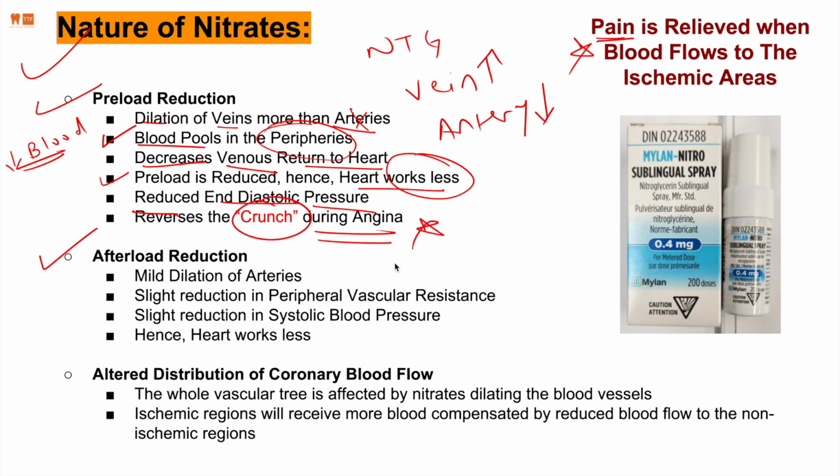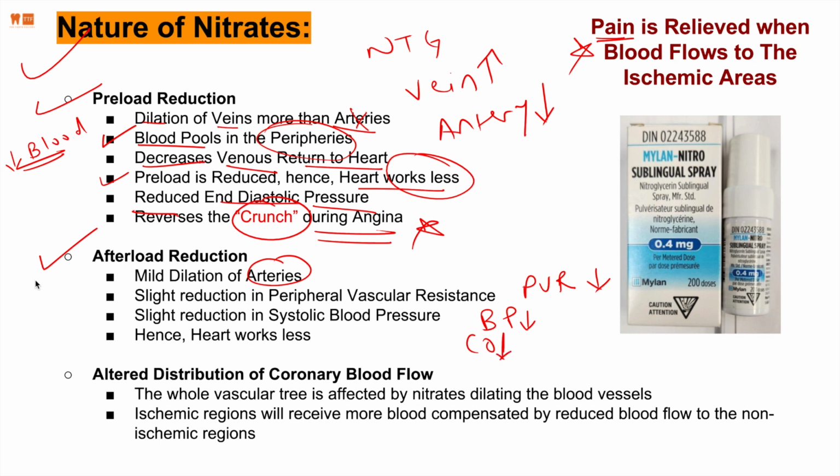However, nitrates also have an action on afterload a little bit. It has an action on arteries as well. Okay, there's mild dilation of arteries, slight reduction in peripheral vascular resistance, which is PVR, slight reduction in systolic blood pressure, right? All of that, and therefore cardiac output is also less.